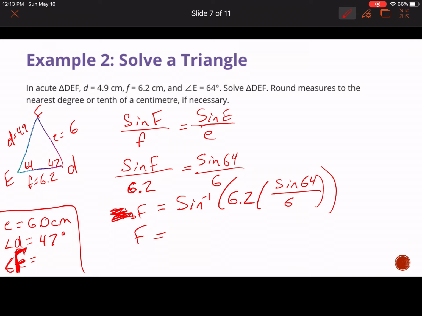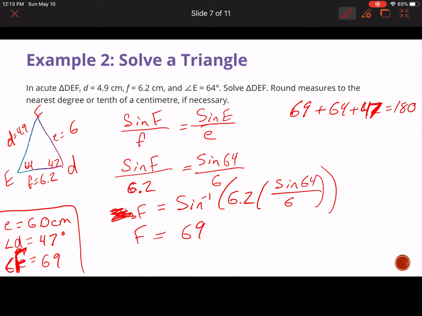We end up with F equaling 69. And we can check that all up by going 69 plus 64 plus 47 equals 180.